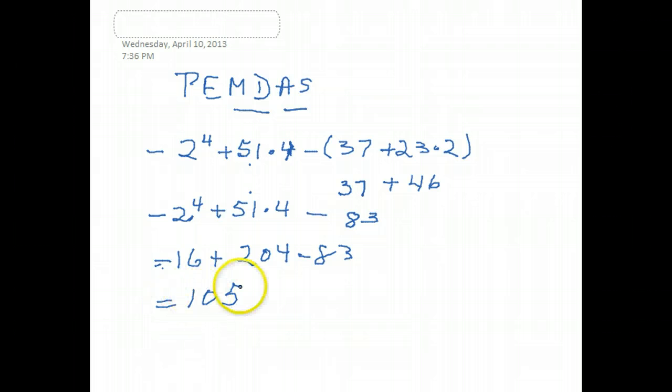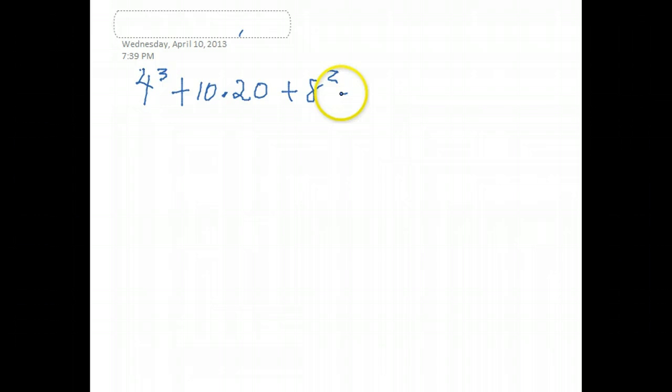Okay? So, let me do one more of these. Let's say I have 4 to the third power plus 10 times 20 plus 8 squared minus 23.